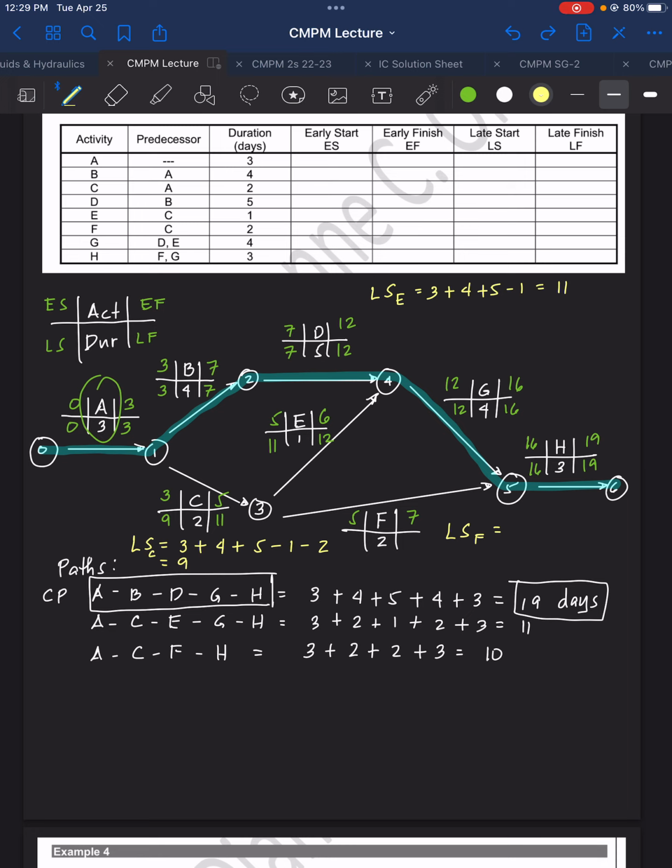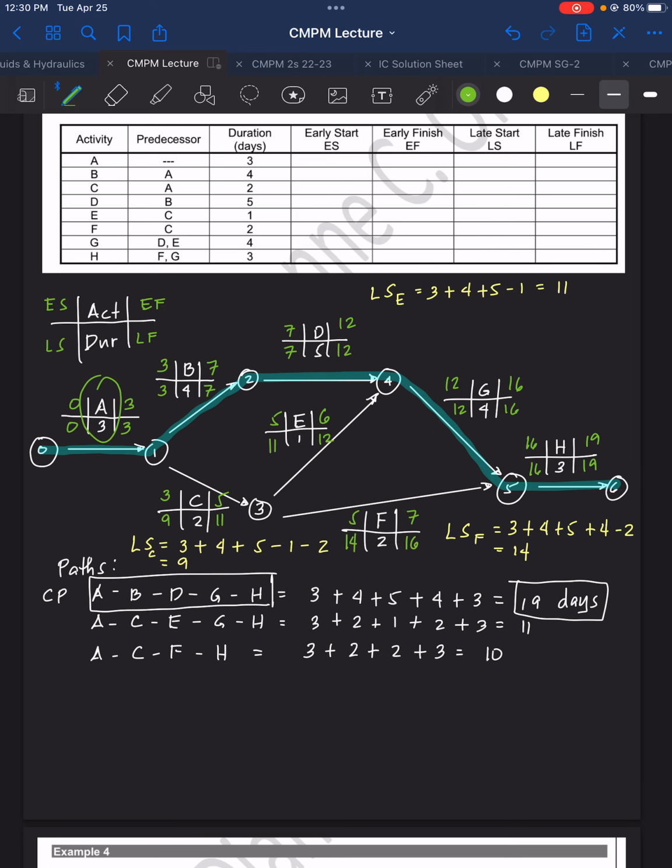That will be 3 plus 4 plus 5 plus 4, and then minus 2, and that is equal to 14. So 14 days. We'll put here 14. 14 plus 2, and that will be 16.